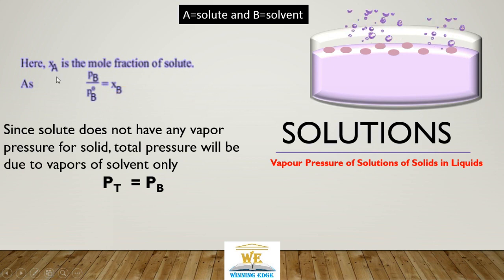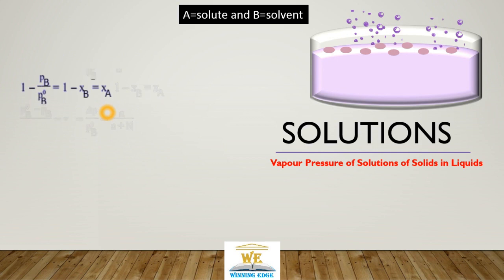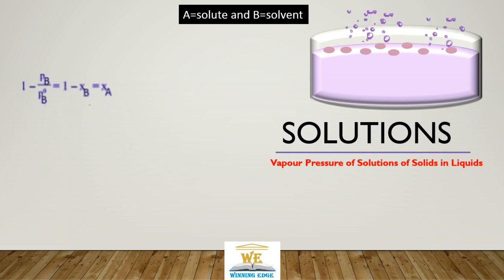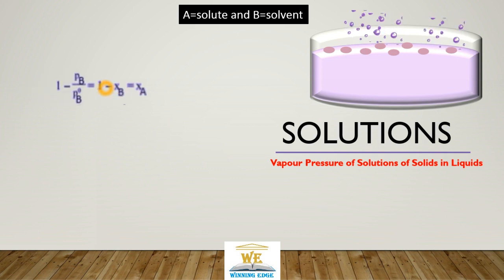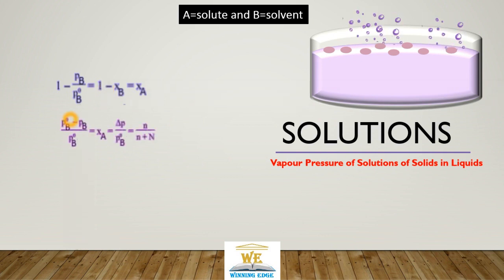Xb. Subtracting both sides from 1, what we'll get is Pb by Pb naught, and 1 minus Xb, which is equivalent to Xa, as we know, mole fraction of solute. Now, rearranging the equation, what we'll get? Pb naught minus Pb divided by Pb naught.